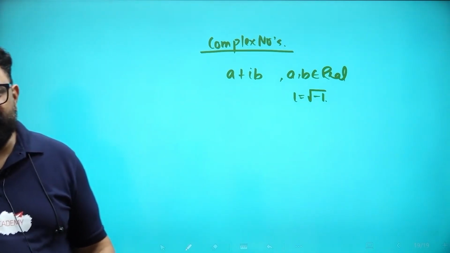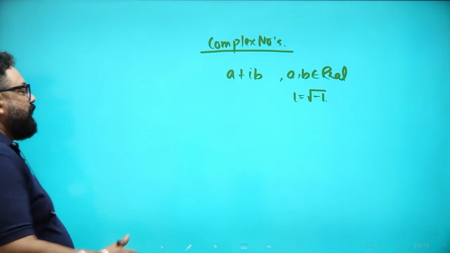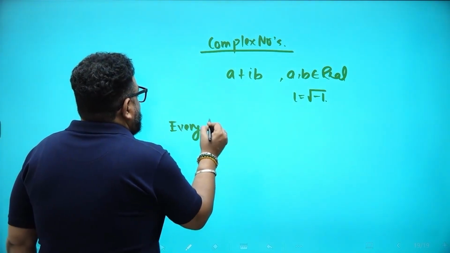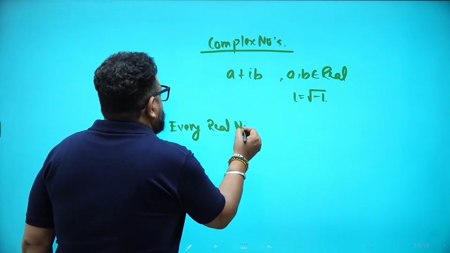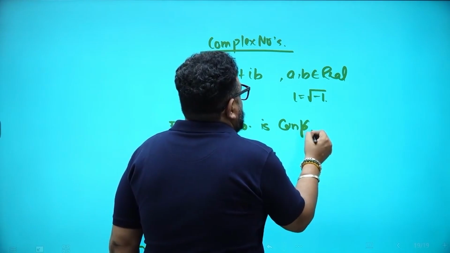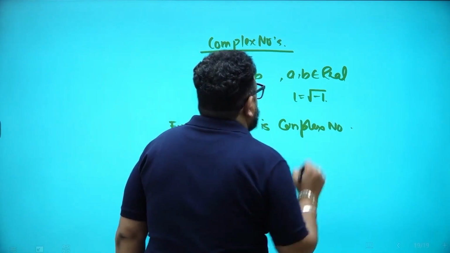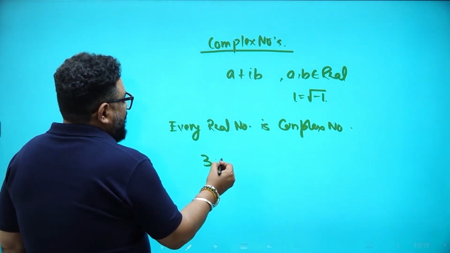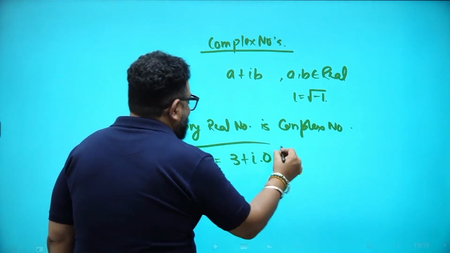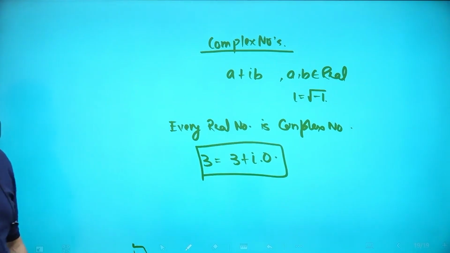Every real number is a complex number. So how is this possible? 3 can be written as 3 plus iota times 0, isn't it?